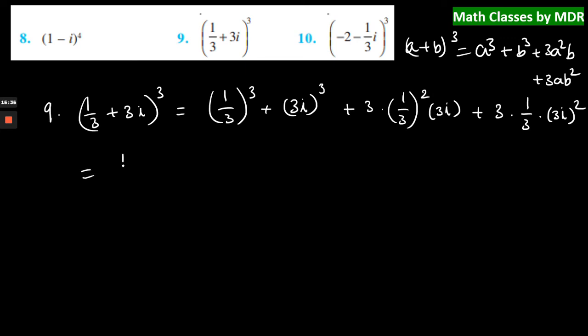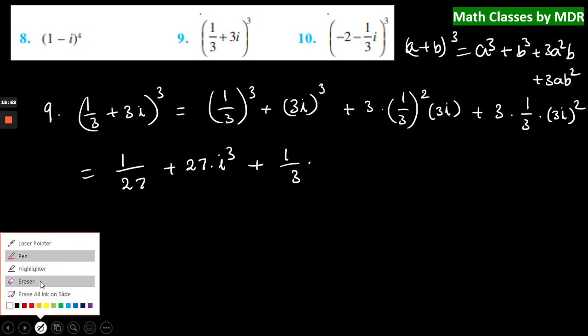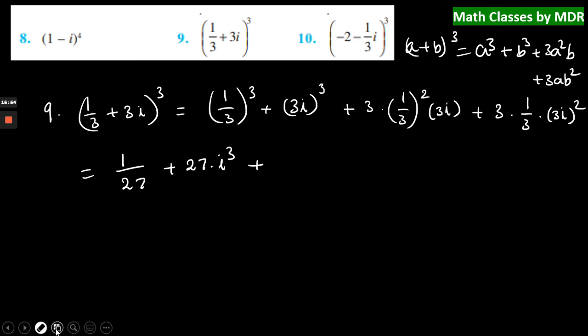Now 1 by 3 cube is nothing but 1 by 27 plus 3 cube is 27 and i cube is i cube plus 3 into 1 by 3 whole square is 1 by 3 into 3i. So I think these 3 also get cancelled. So on simplifying this, you will have 3 and 3 here, 3 square here, so that will get cancelled and we will be having i. And 3 gets cancelled here and we will be having 3i whole square, that is 9i square.